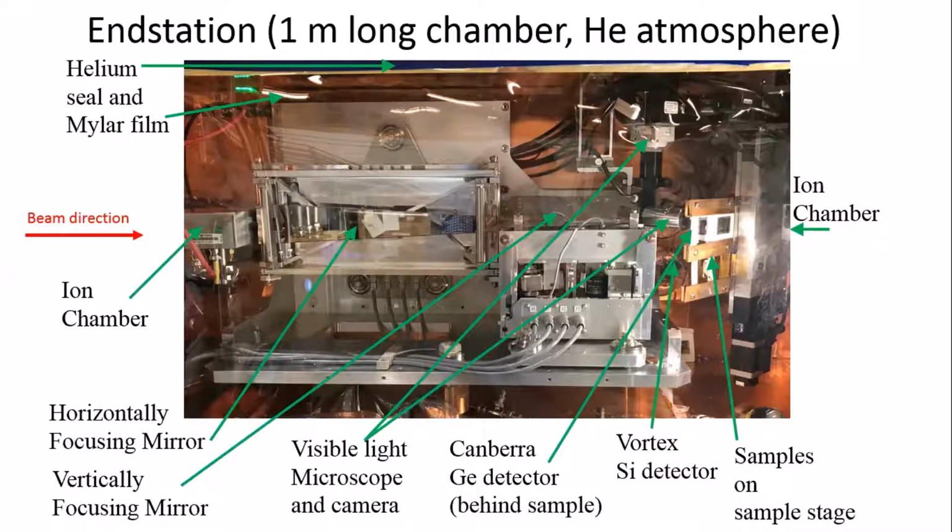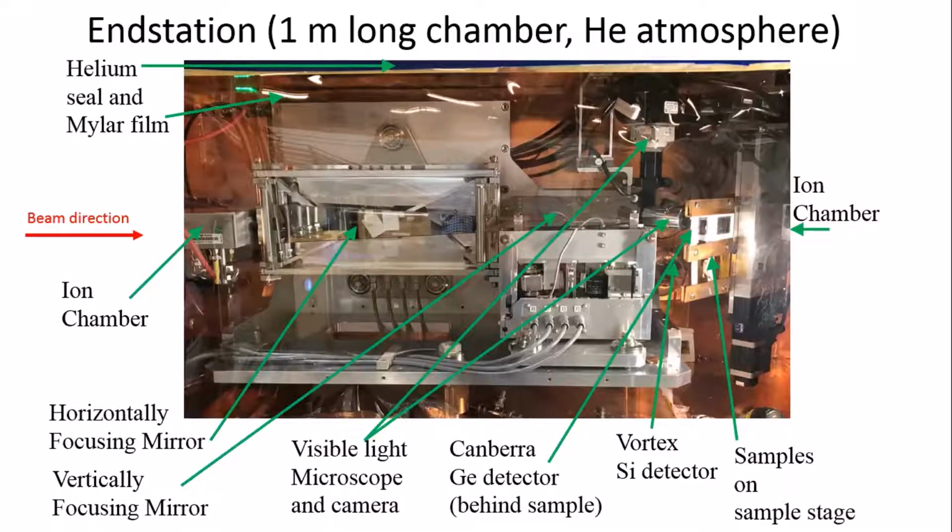But in that case, the horizontally focusing mirror is facing the detector. So for this energy range, we wanted to minimize the scatter, so we swapped the positions of the vertical and horizontal focusing mirrors. So the horizontally focusing mirror is facing away from the detector. That may give us challenges for positioning the microscope camera, but we managed to do it.